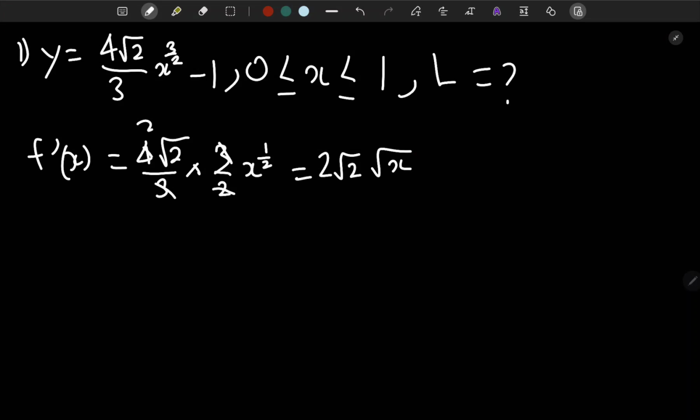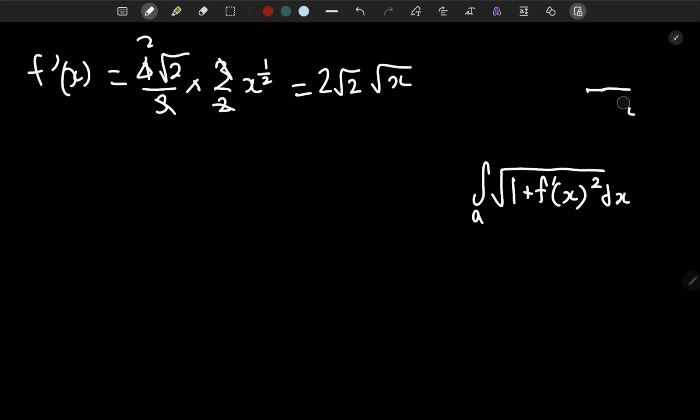Now remember, in the formula, let me bring the formula back here, we have f prime squared. So we need to square f prime. Let's write f prime first and then square it.